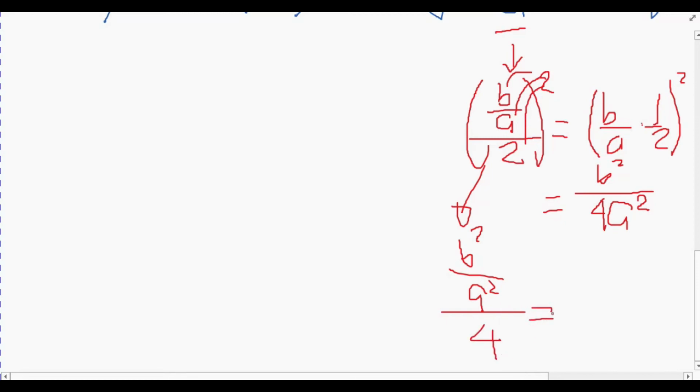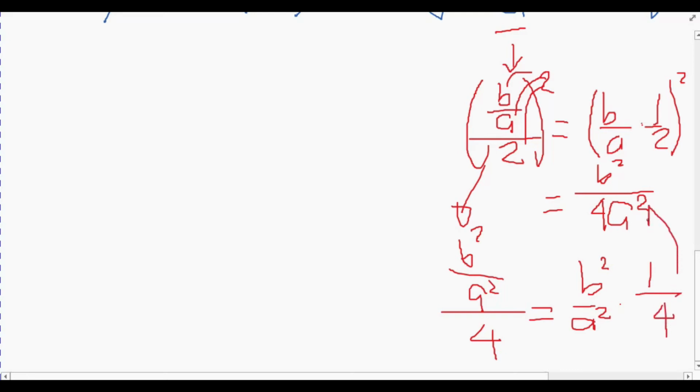And then this will become b squared over a squared times 1/4, the reciprocal of the divisor.